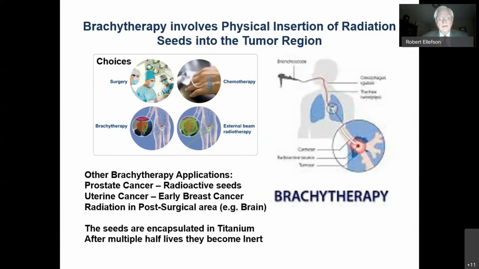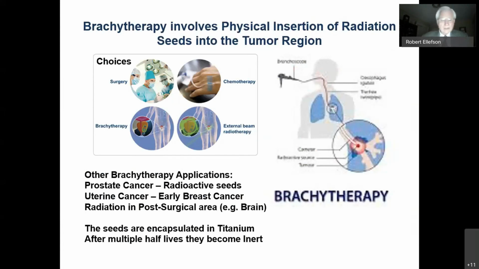And this is where you have radioactive seeds that are emitting beta particles, something that has enough energy to kill the tumor, and you insert them in close proximity to where the tumor is, like right in the middle of the tumor.